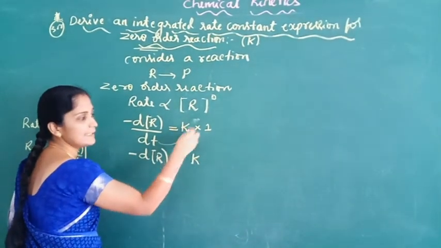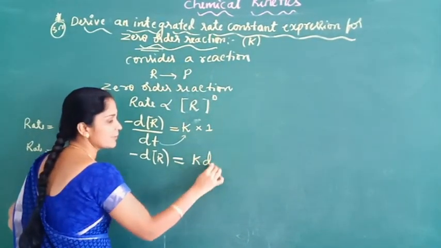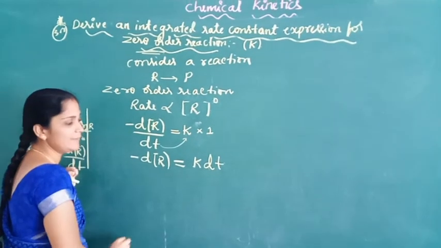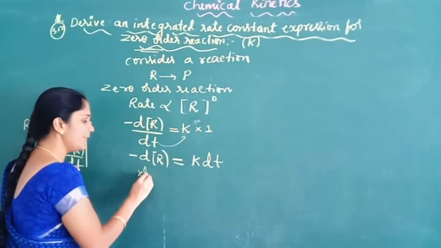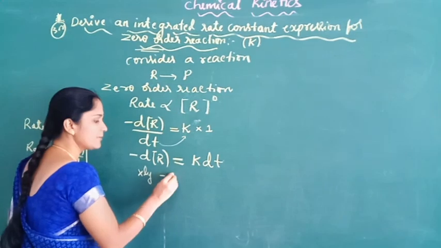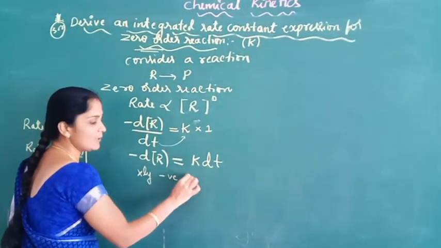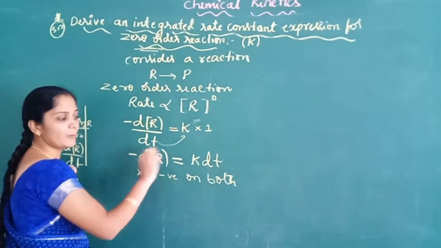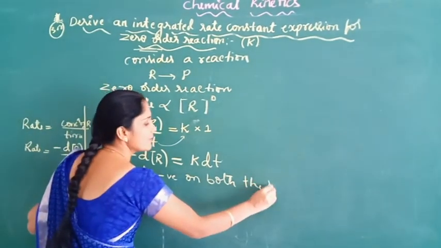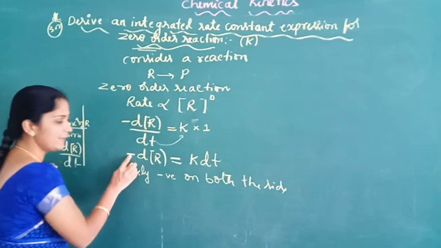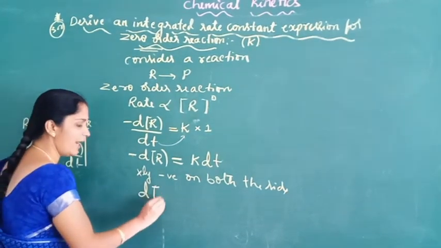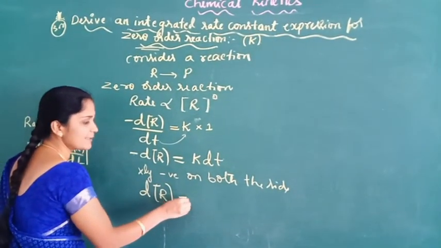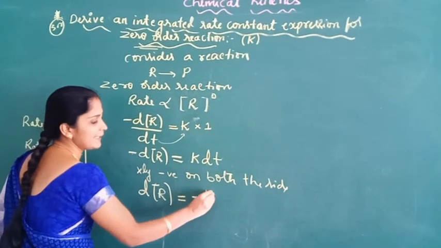Take this dt to this side, so k dt. Now multiply by a negative sign on both sides. So negative into negative, positive dR equals minus k into dt.